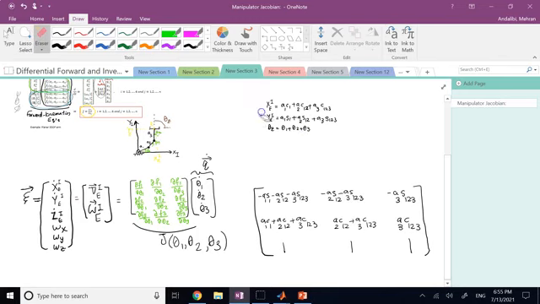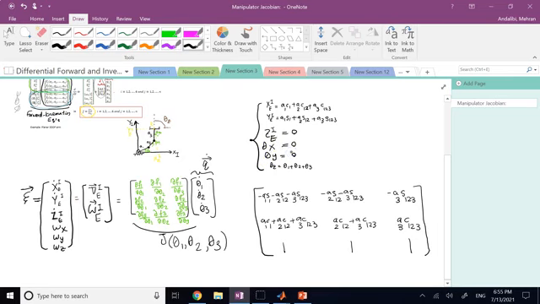You have to expand this, bring this theta z down, and then say, well, z of the end effector in I is simply 0. The same thing for theta x and the same thing for theta y.